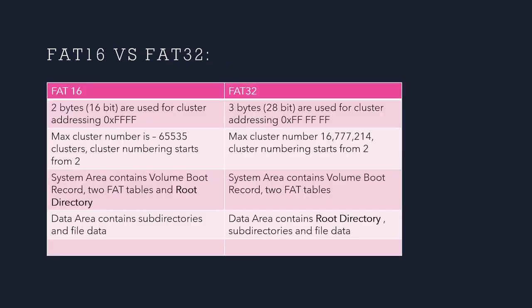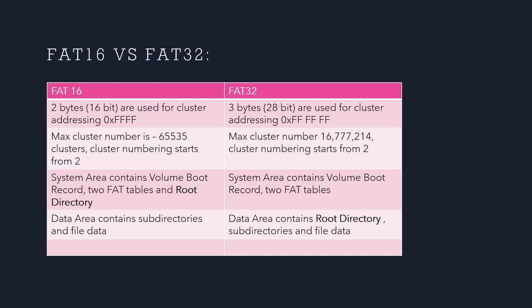If you compare FAT16 and FAT32 file systems, in FAT16 only 2 bytes are used for cluster addressing, which makes the maximum cluster number equal to 65,535, and the cluster numbering starts from 2. Also on those drives exist 2 areas, the system area and data area.